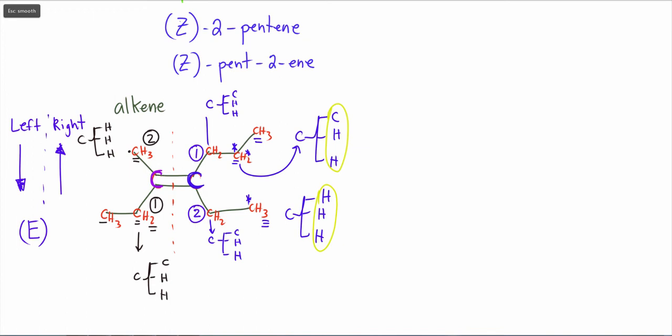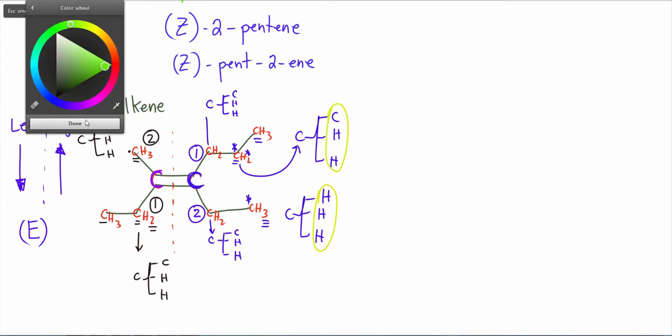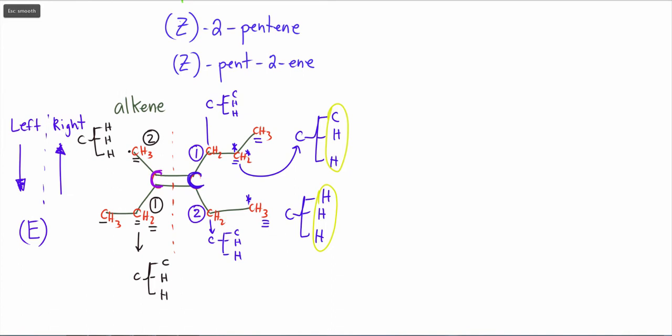Now, can we name this molecule? Well, why sure we can. So the same rules apply. We want to get the longest chain that goes through the double bond. So the longest chain that goes through the double bond is going to be this one. Okay?